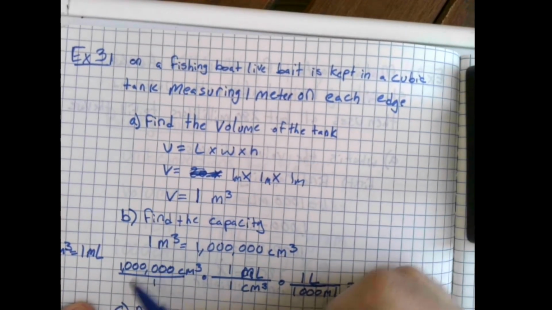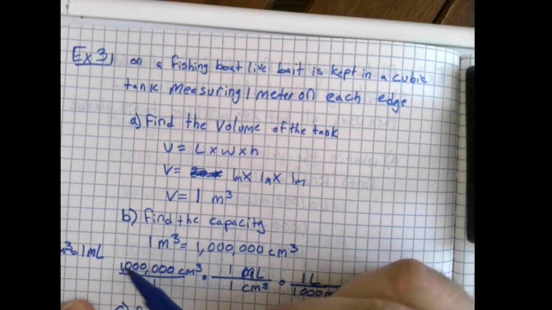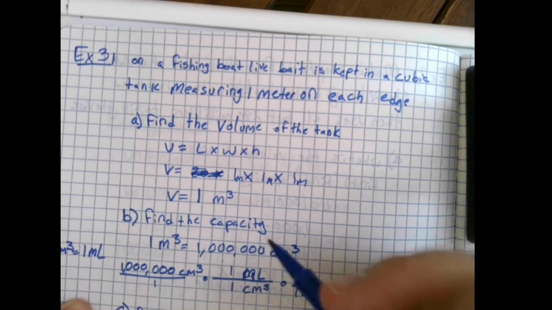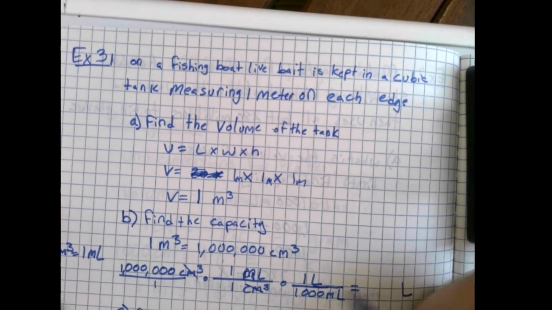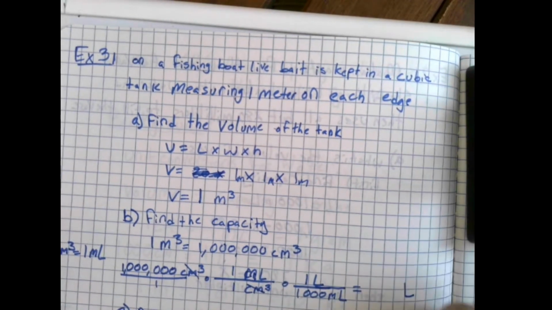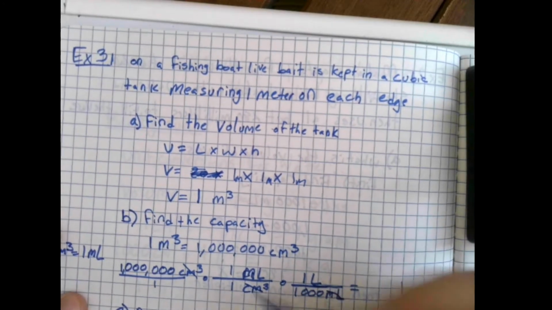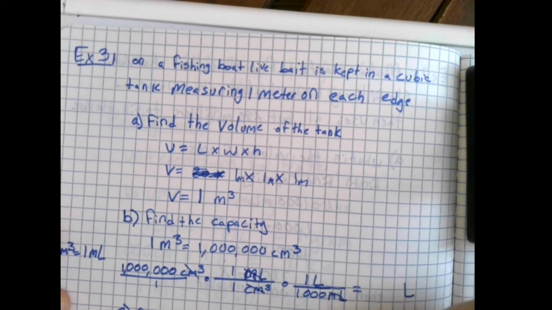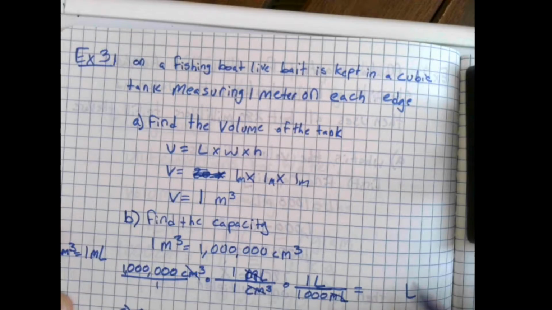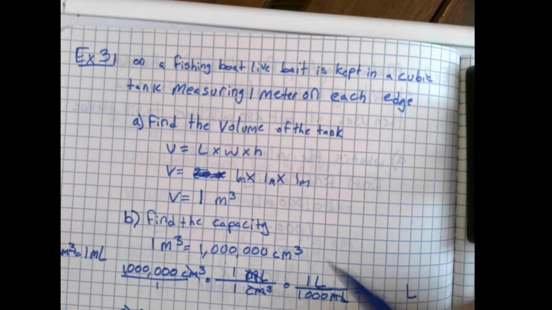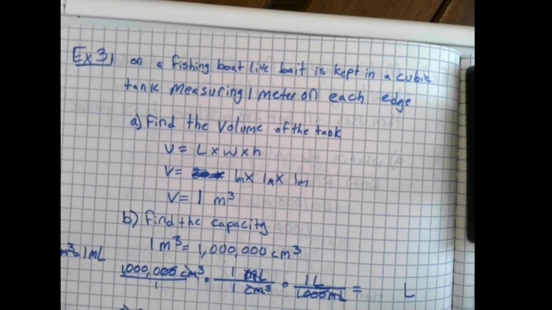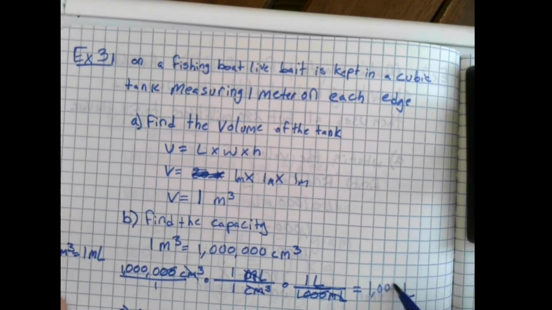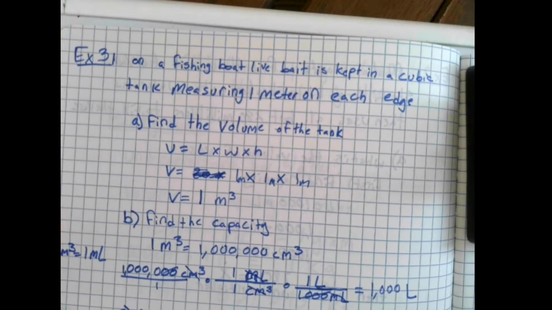So we're going to do 1 million cubic centimeters times 1 milliliter per centimeter cubed times 1 liter per every 1,000 milliliters. And the reason we do this is in liters, our answer is going to be a little bit simpler. Now, we can cancel out, divide by 1,000, giving us 1,000 liters.